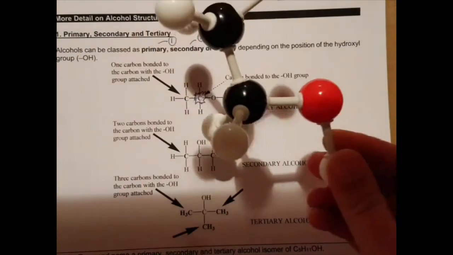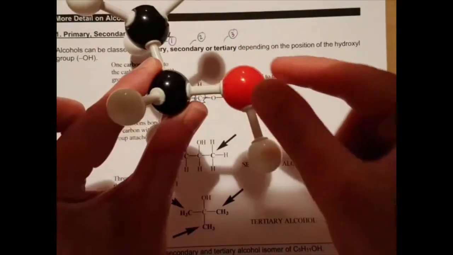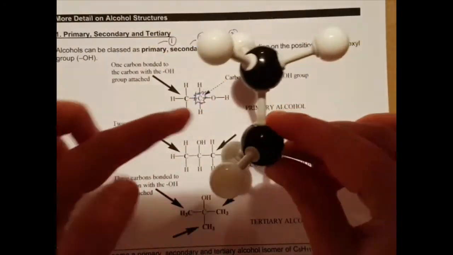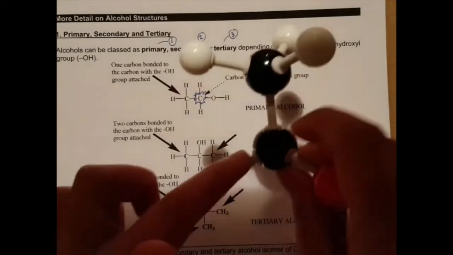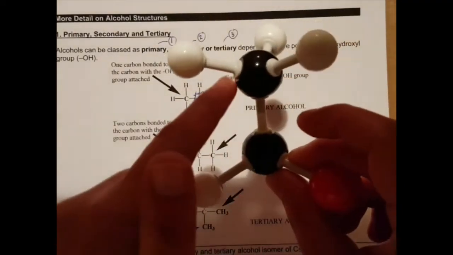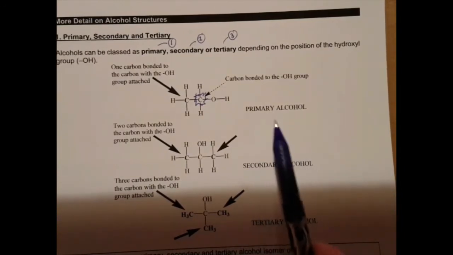So just to show you the 3D structure, in a primary alcohol we have the carbon that's bonded to the hydroxyl group, and it is bonded only to 1 other carbon atom. Okay, so if this carbon bonded to the hydroxyl group is bonded to 1 other carbon, then it's going to be a primary alcohol.